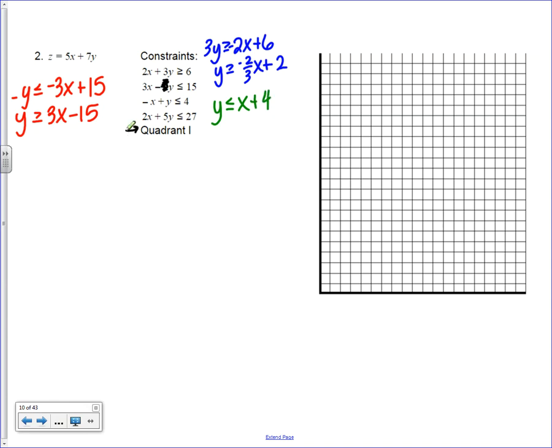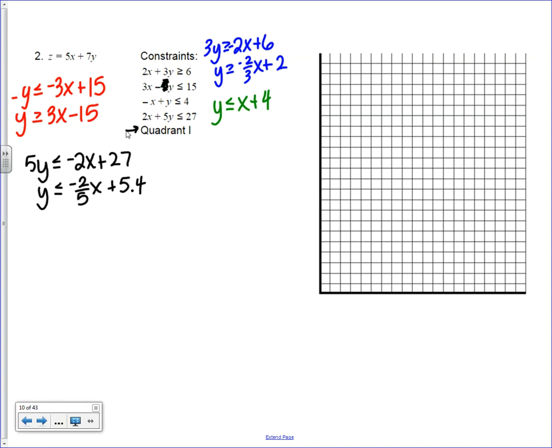And then the fourth inequality, I need to subtract the 2x over. I'll do this one in black. So that'll be 5y is less than or equal to -2x plus 27. Divide by the 5, and I get -2/5 x. And then 27 divided by 5 is going to be 5.4.